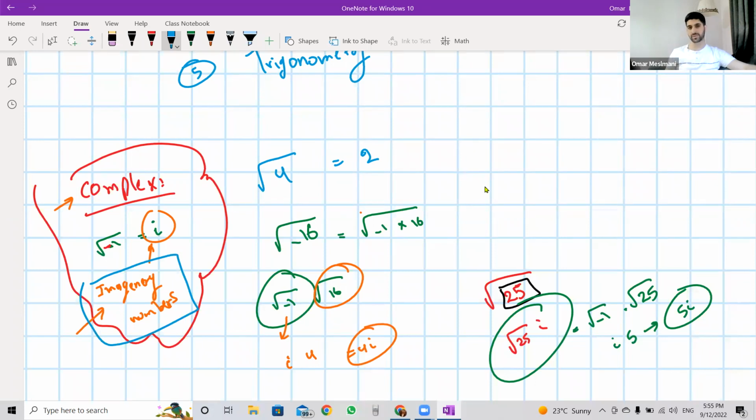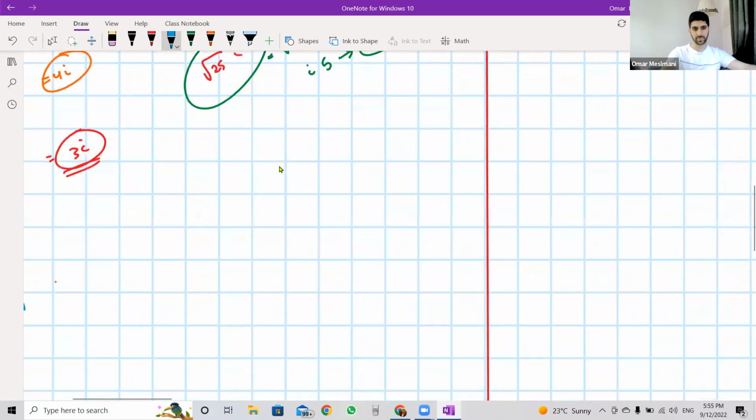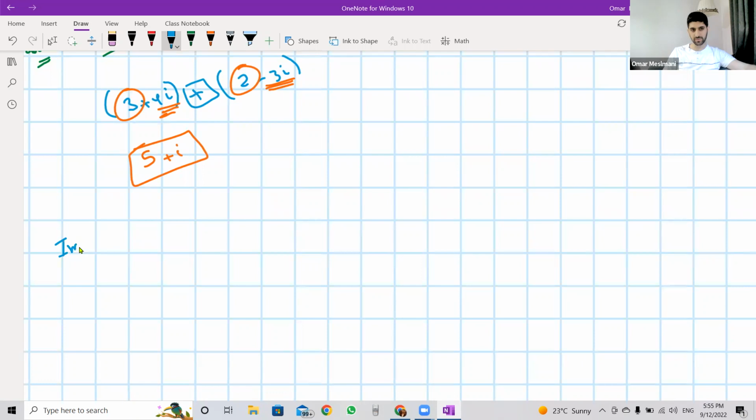For example, when I'm saying that I have a 3i, all right. Now I'm just going to talk about the difference. I have to talk about the difference before adding and subtracting, but I just remembered. The imaginary numbers are numbers with an i, anything like 3i, 5i, 17i, all right?